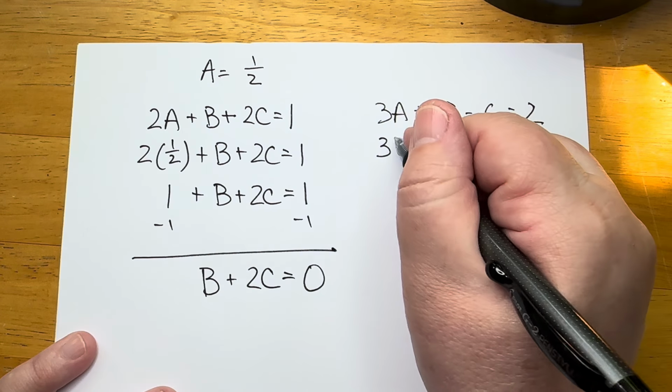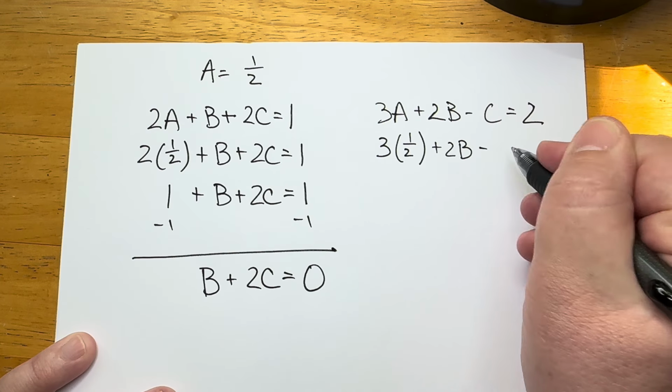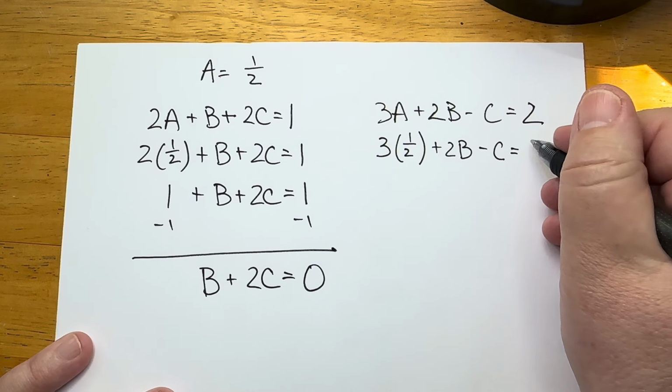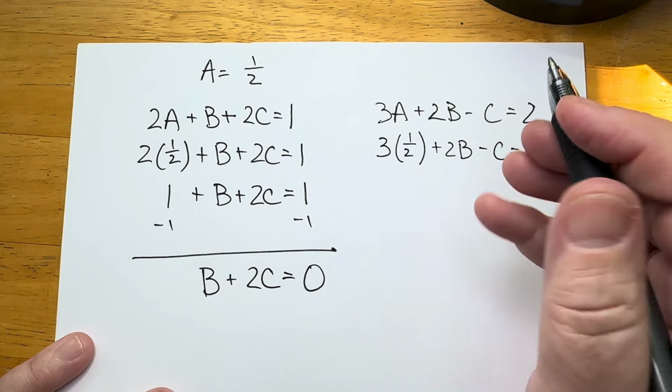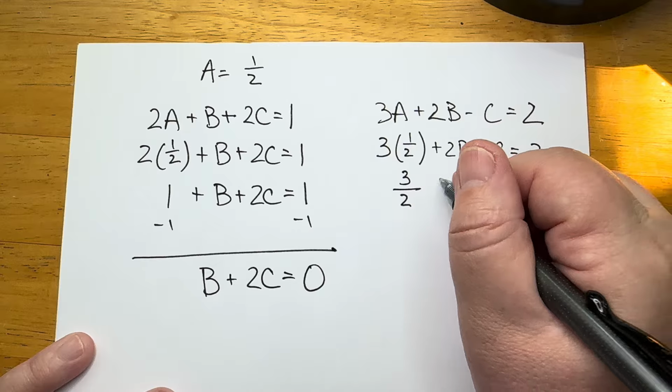A is 1/2. Now, this is significantly less fun when we get something like this, but we still do it, right? 3 times 1/2 is 3/2 or 1.5.